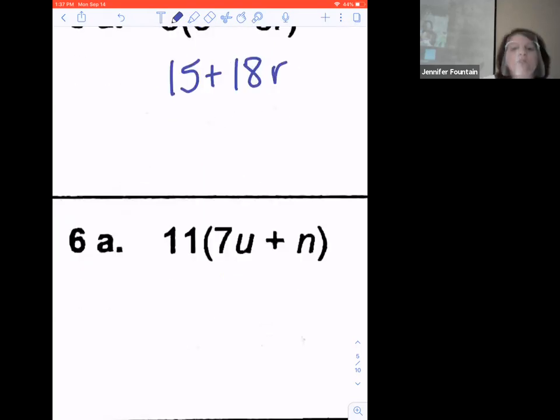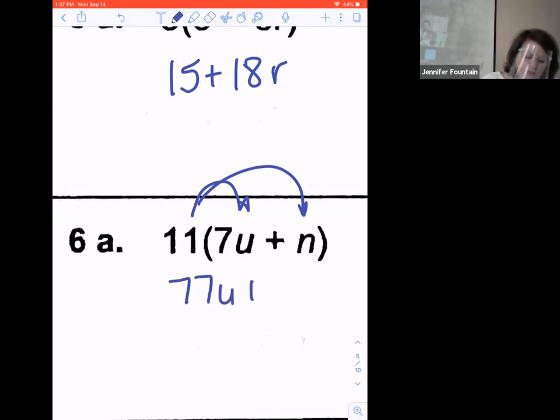Okay, go ahead and do 6a on your own, and then we'll check it. Okay, so 11 times 7u will be 77u plus 11 times n. When I don't have a number in front of a variable, I understand it to be a 1.